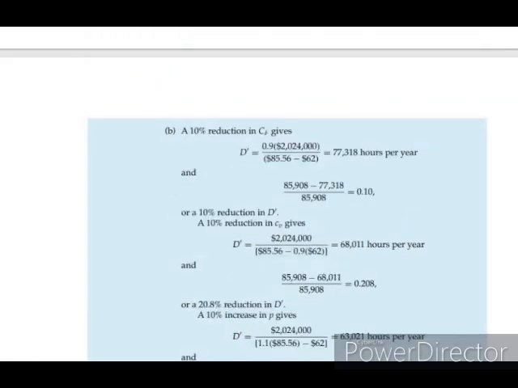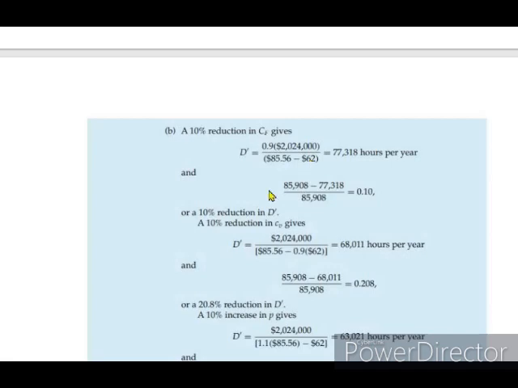For a 10% reduction in C sub F, or the fixed cost, we just subtract 0.1 from 1, so we multiply 0.9 to the fixed cost and divide it by the corresponding values in the denominator. It is also equation 13.